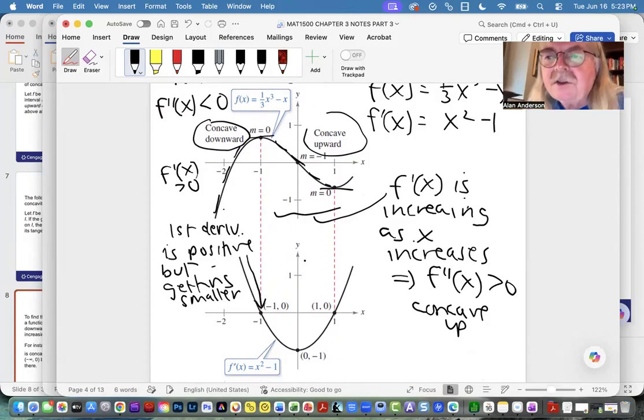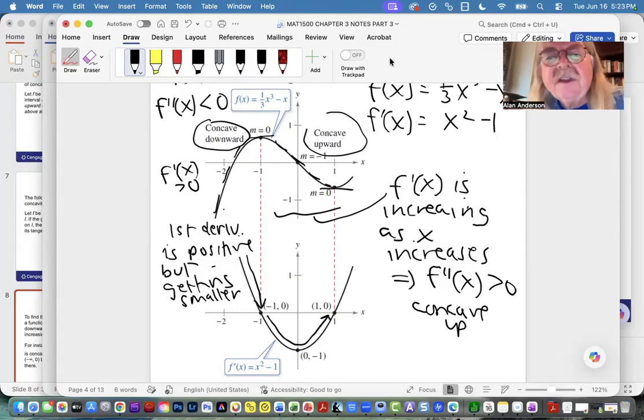Even though it's positive, it's shrinking. And then in the range where it says concave up, the first derivative is actually negative, but it is getting larger. And that's what it means to be concave up.